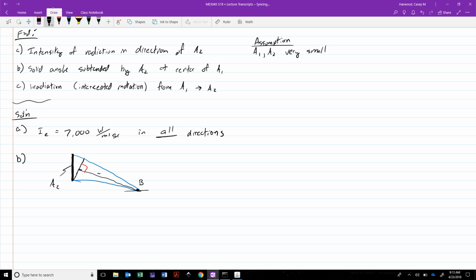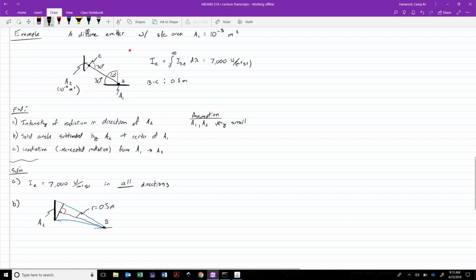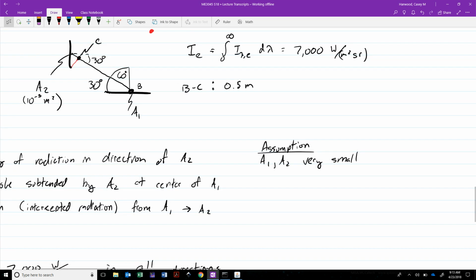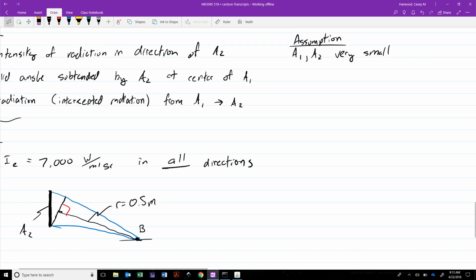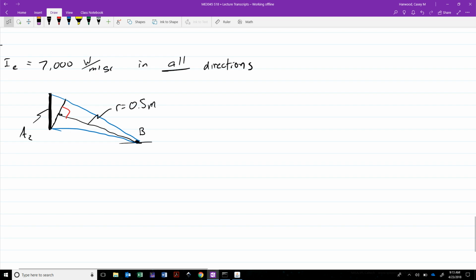We know that that ray has a radius of 0.5 meters because that's what was defined in the initial sketch. From points B to C here is a distance of 0.5 meters. So just like in the case before, the projected area is going to involve some cosine.